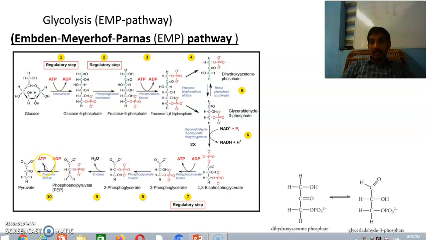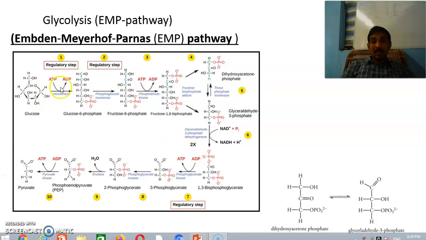So in the 10th step, we'll get 2 ATP. In the 7th step, we'll get 2 ATP. And in the 6th step, we'll get 2 NADH2. So the total energy produced is equal to 2 NADH2 plus 2 ATP plus 2 ATP. That is equal to 9 ATP: 2 NADH2 means 5 ATP, plus 2 ATP plus 2 ATP, total 9 ATP.